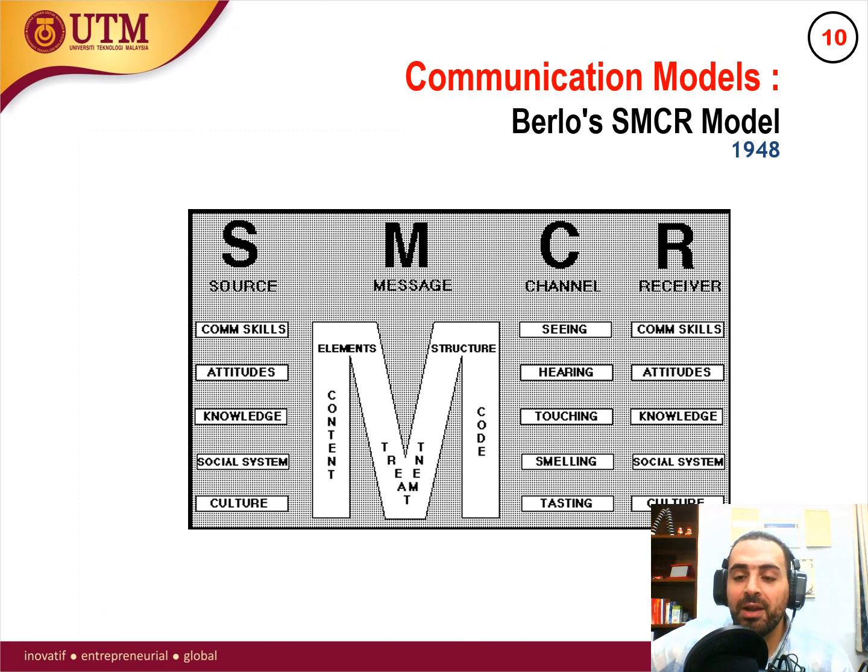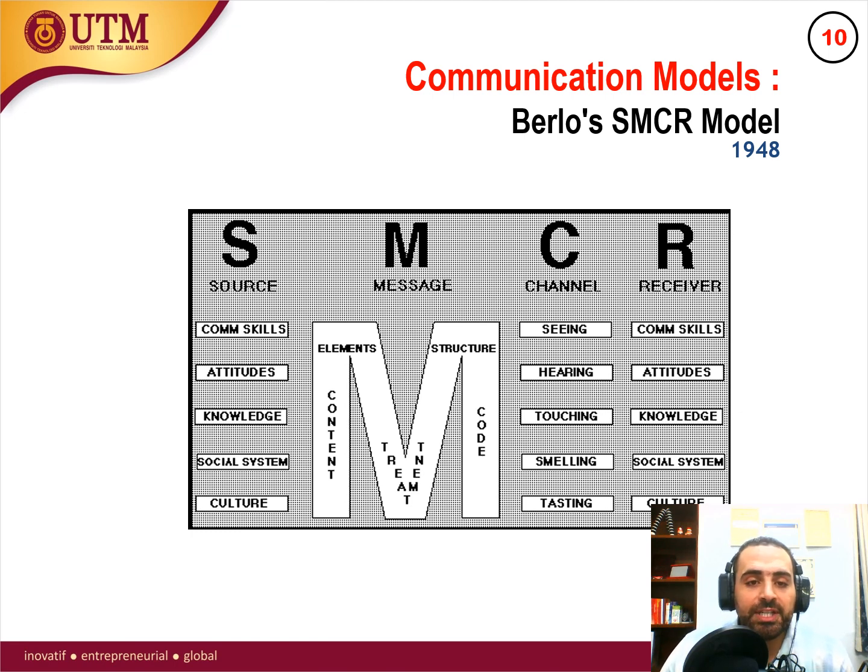Moving on to Berlo's SMCR model, which has four main elements: SMCR, source, message, channel, receiver. In Berlo's mind, any communication process needs four main elements to continue or to be successful.